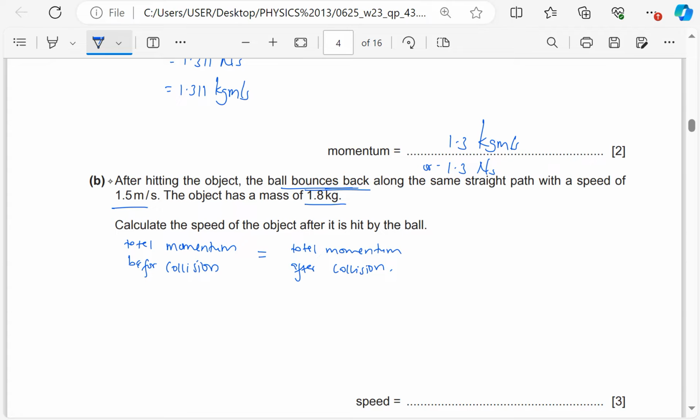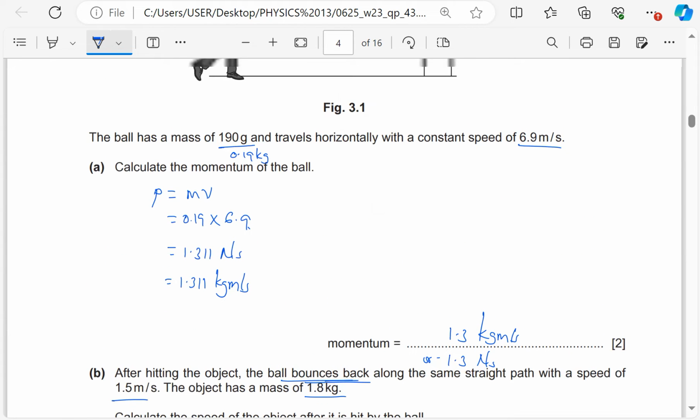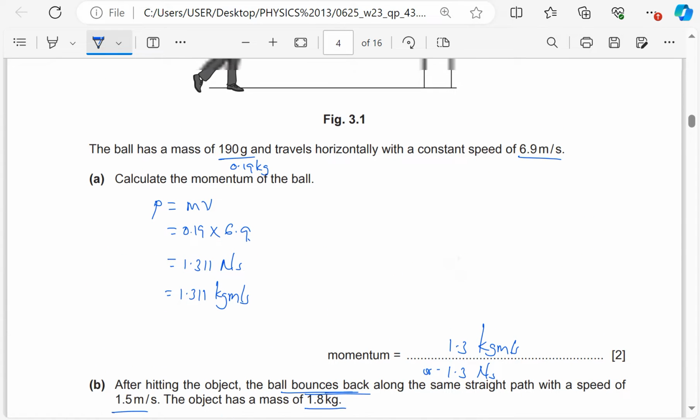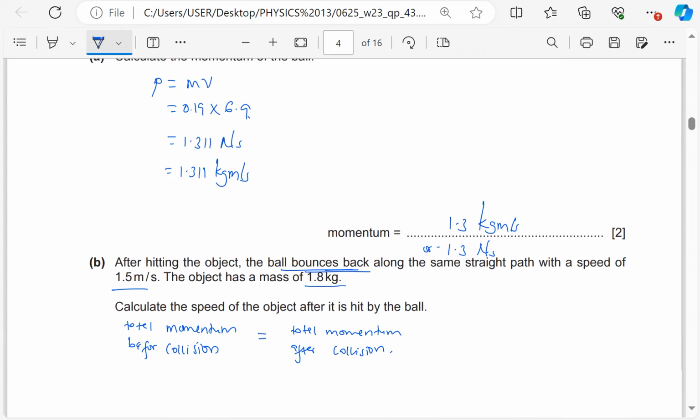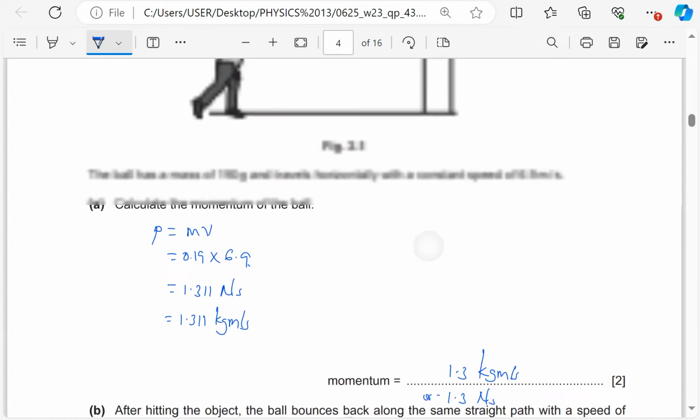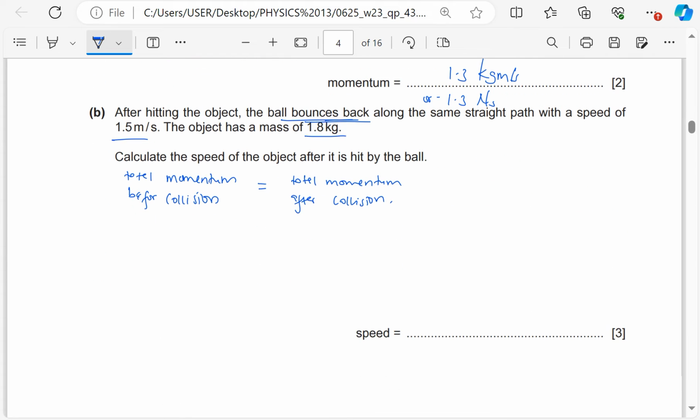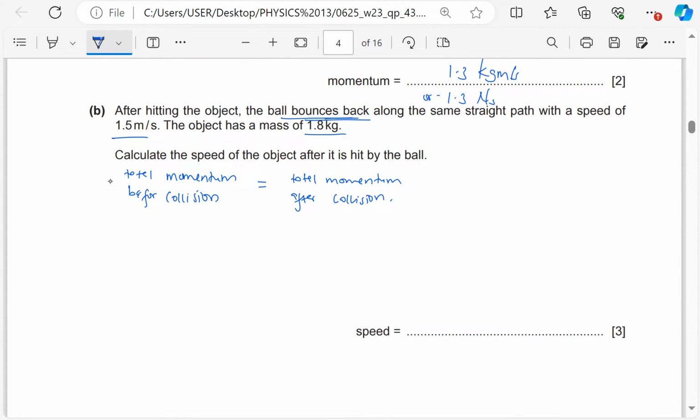Total momentum before collision is the momentum of the ball, which was the one moving, and the momentum of the object is 0. So total before collision is the momentum of the ball, which is 1.3, plus the momentum of the object, which is 0. Then after collision, remember momentum is mass times velocity.